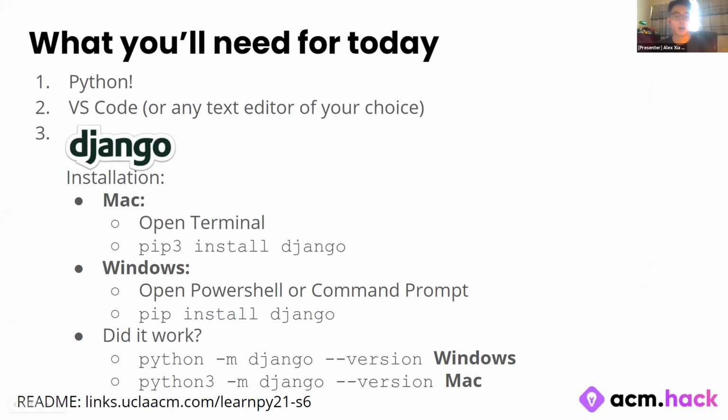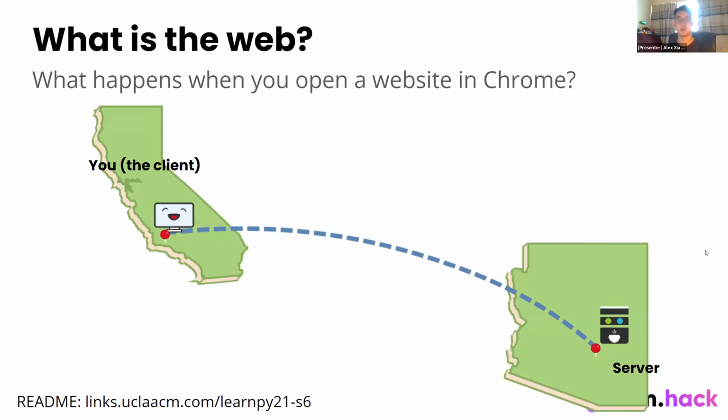Okay, first, let's talk about how the web works. What is the web? We use websites and we surf the web every day, but how does it work? Let's imagine that we are the client over here in California, surfing the web normally, and we're on Chrome and we want to go on the website playvalorant.com. Our computer or Chrome will send this request to the server that is located far away from us in Arizona.